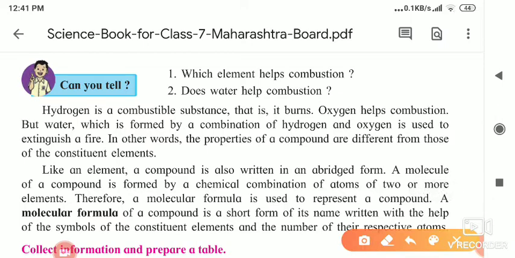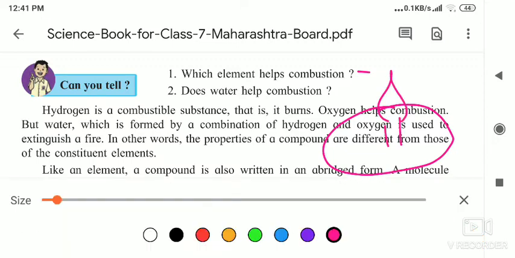Next question, can you tell which element helps in combustion? As you know, when you were children, at that time you did an experiment. We take water in this and put a burning candle inside it.